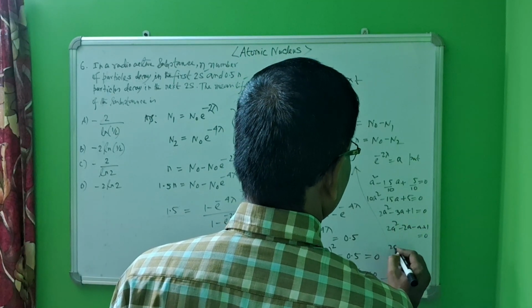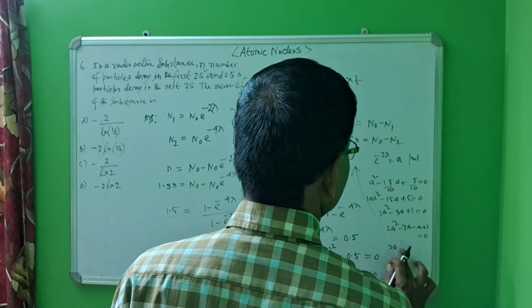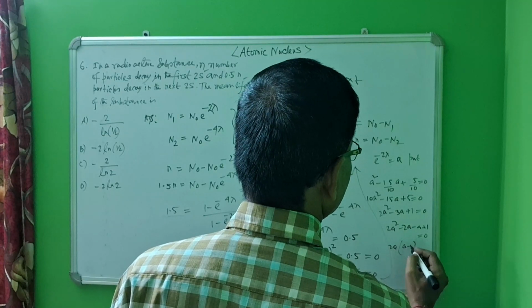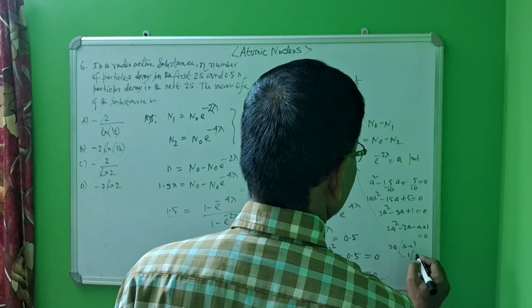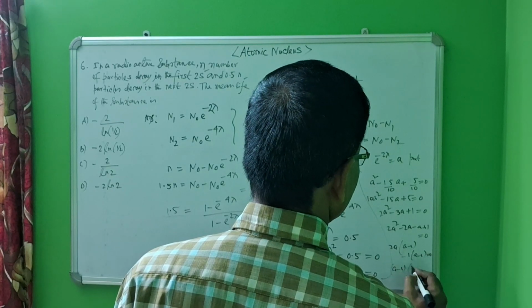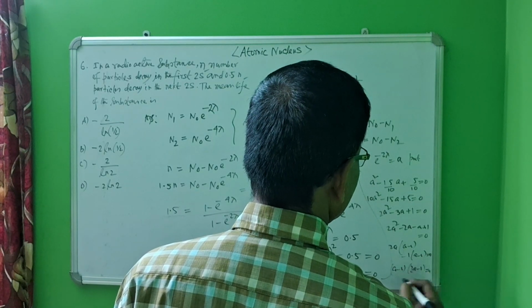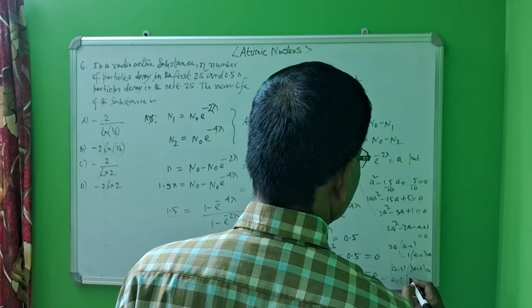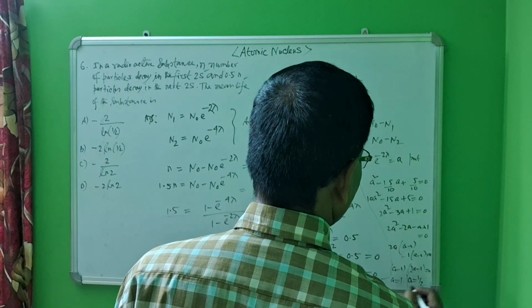We get a minus 1 common, (a minus 1)(2a minus 1) equals 0. We get a equals 1 and a equals half.